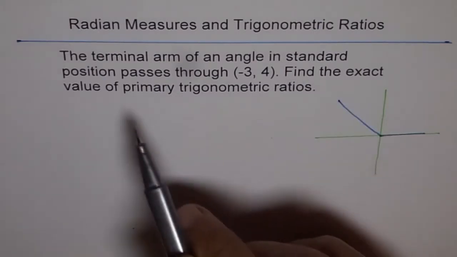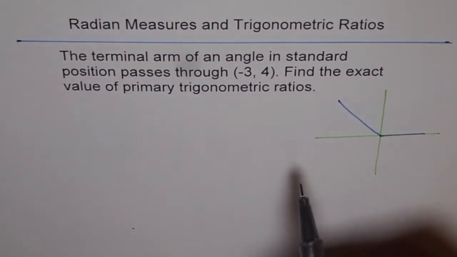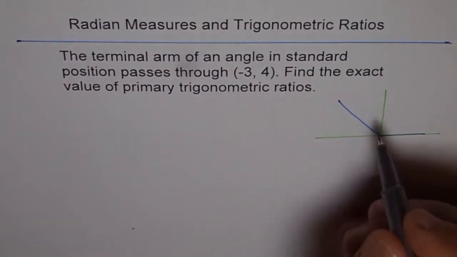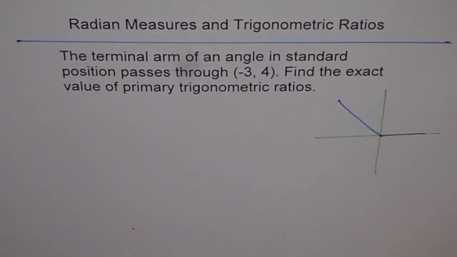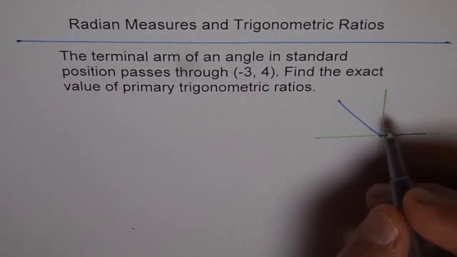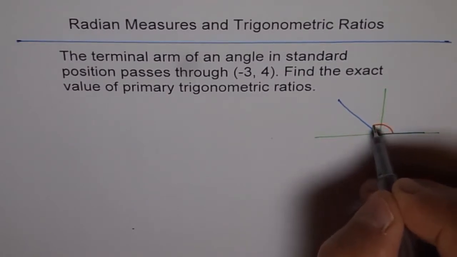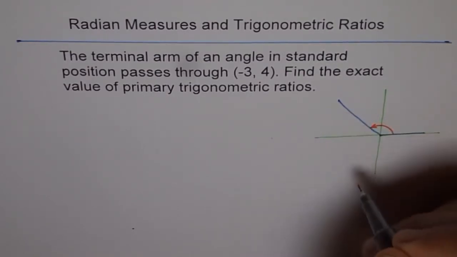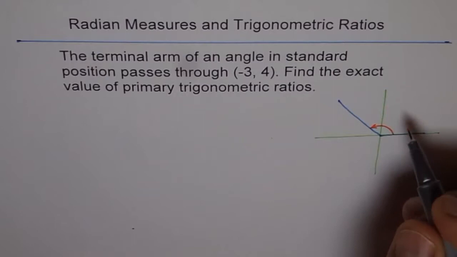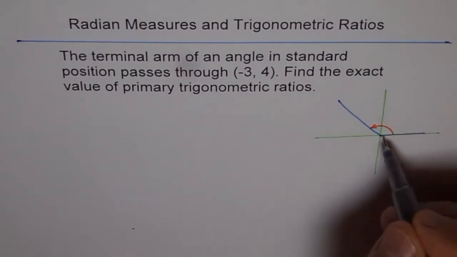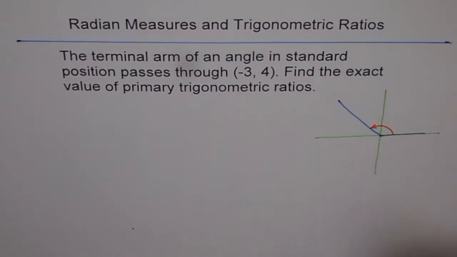Find the exact value of primary trigonometric ratios. So the angle basically is, if you see, the principal angle is this angle at this position. Principal angle is always taken counterclockwise from initial to terminal arm.